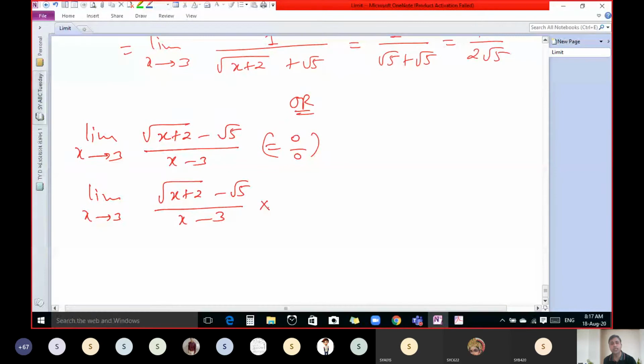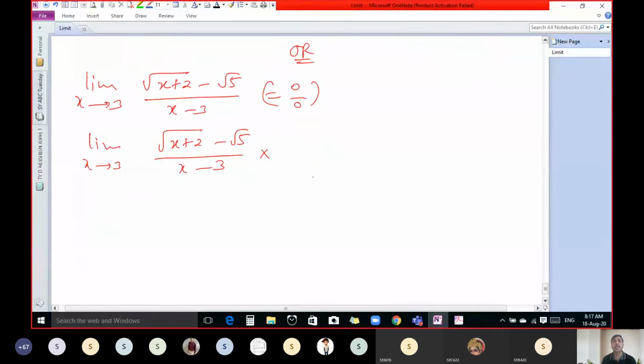You have to use the concept of rationalization or conjugate. You have to multiply and divide by the same number, but instead of this minus sign, you have to write plus sign between those two terms.